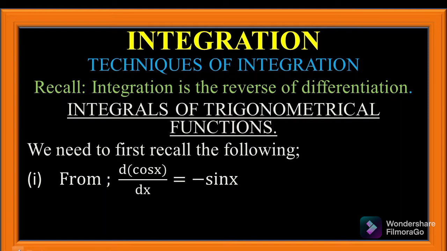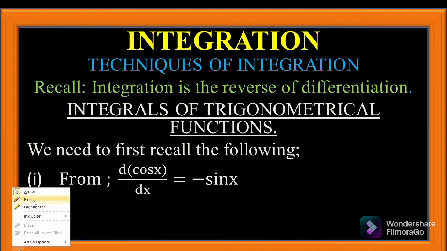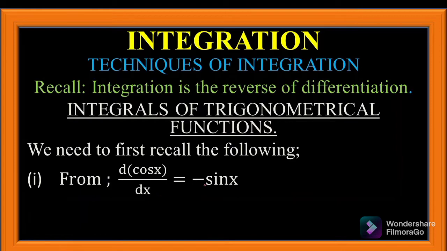Now, something to recall carefully. Before I write the step of integrating, you need to know that we are going to be integrating this expression here. And this expression represents the derivative of cos x with respect to x. So you will be integrating the derivative of cos x with respect to x, but you will not be integrating cos x.